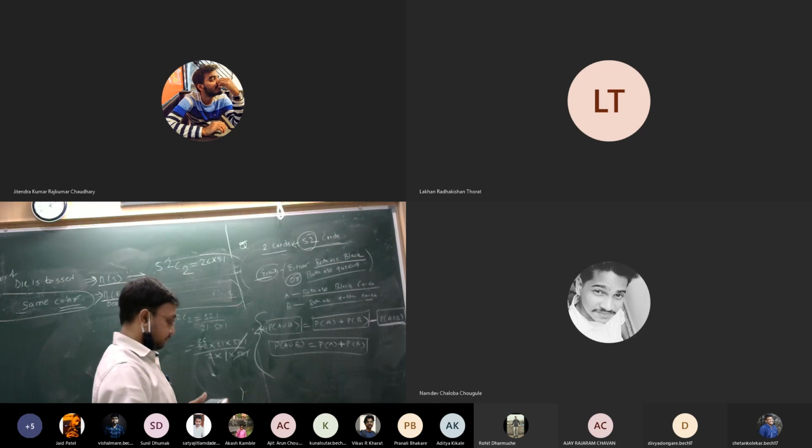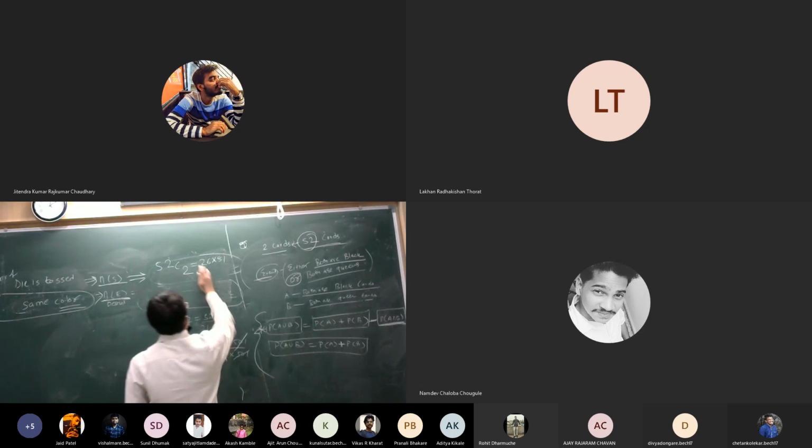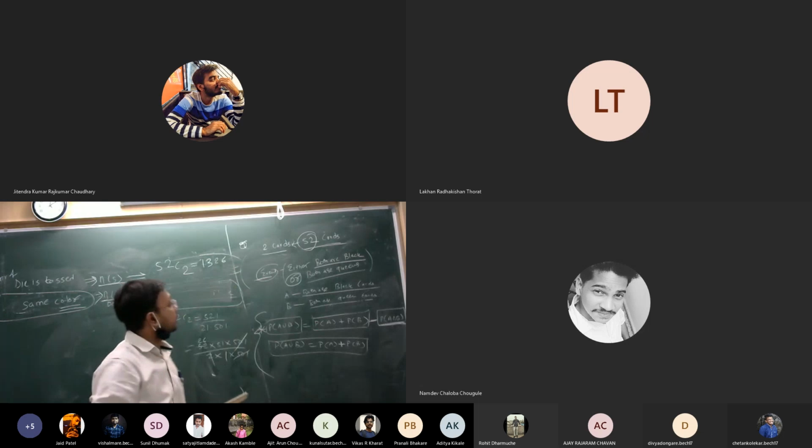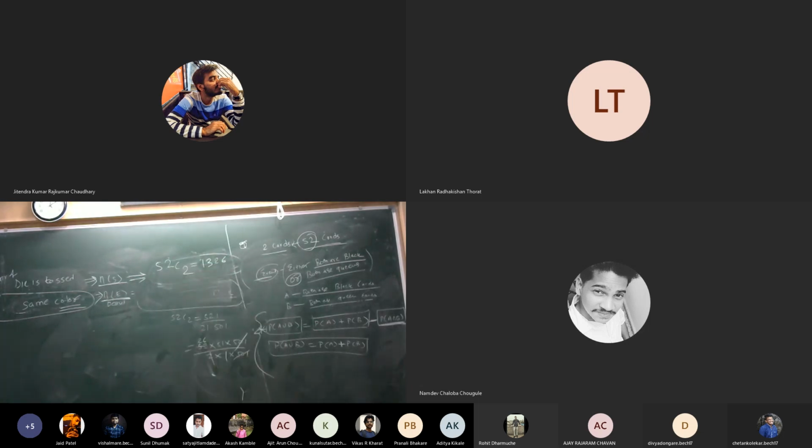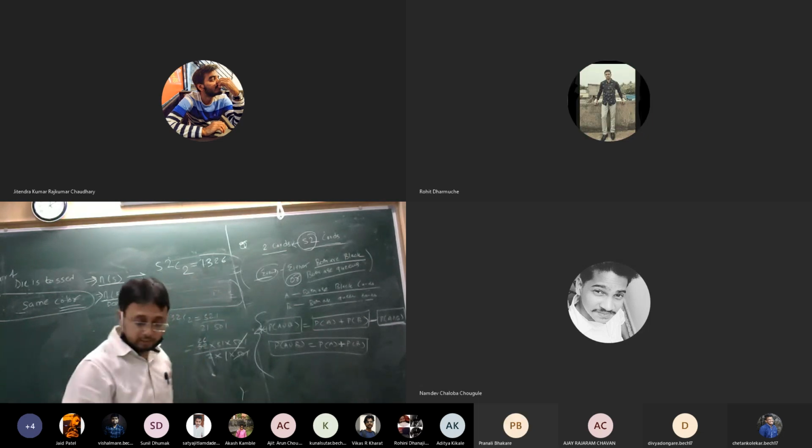One three two six. 1326. So what is that? This number is number of all possibilities. दोन कार्ड जर आपण ड्रॉ केले, if I draw two cards from the given set of 52 cards, the number of possibilities would be 1326. Okay.